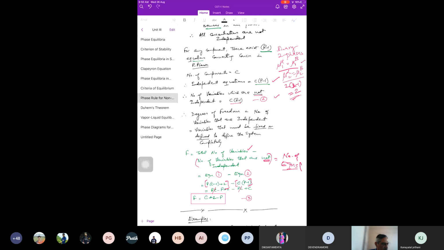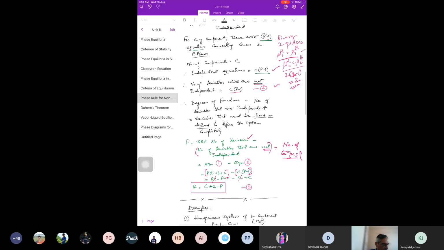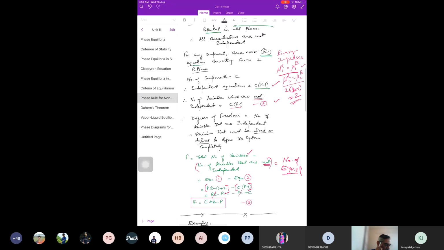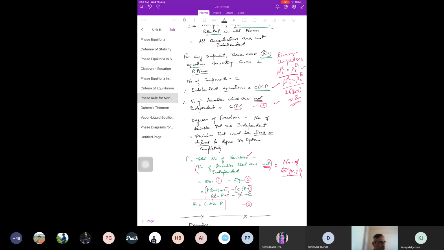ओके, so sometimes you get problems also on this phase equilibrium पे. So if it is one component system and single phase, तो कितना डिग्री ऑफ फ्रीडम हो जाएगा? 2. Right. So just substitute number of component, number of phases. Right. Two component system, two phases.